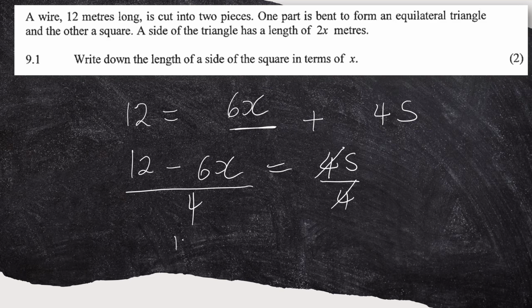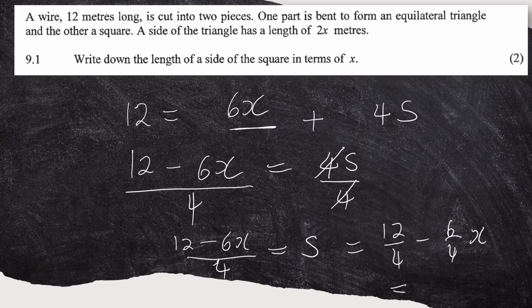So I have (12 minus 6x) divided by 4. This will be the side of the square in terms of x, hence it's just 2 marks. You can choose to simplify it to 12 divided by 4 minus 6 divided by 4 x, which gives you 3 minus 3 over 2 x as the side of the square in terms of x. All right, let's go to 9.2.